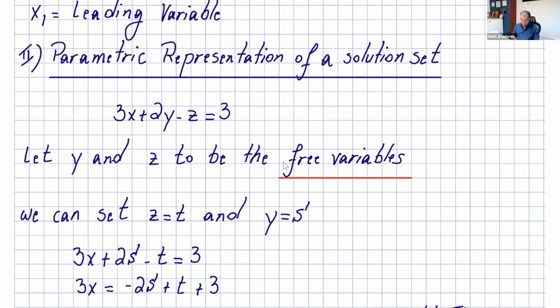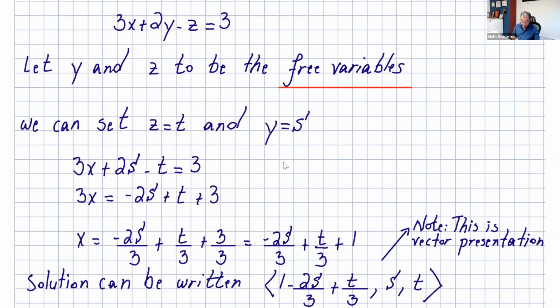If there are free variables, that means we can write them as parameters. So parameters are just letters. So z, okay, we can say z equals t and y equals s. So if we substitute, we get 3x plus 2s minus t equals 3. Then go ahead and isolate x.